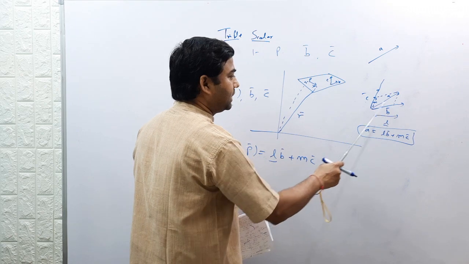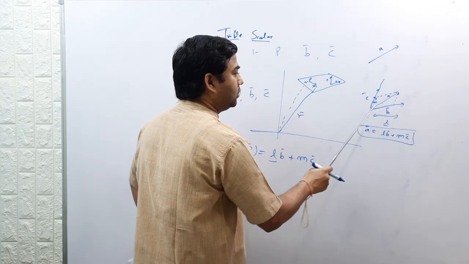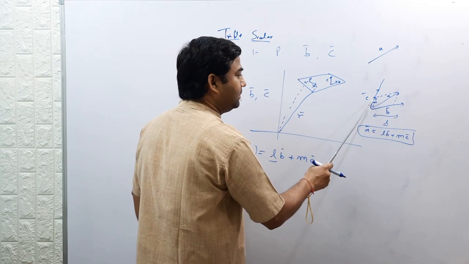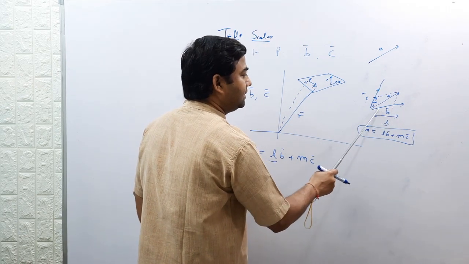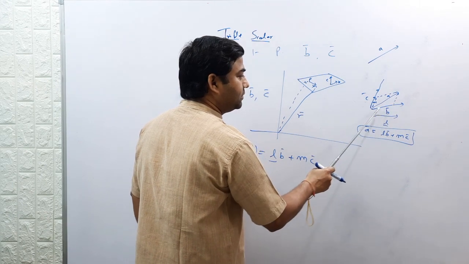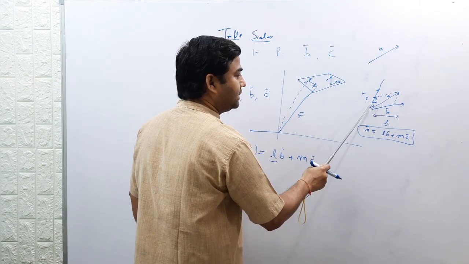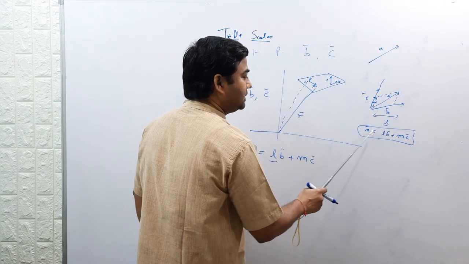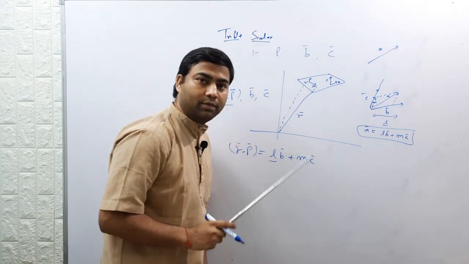By the parallelogram law, vector A is the resultant of vector MC plus vector LB. L is the length where this line cuts vector B, and M is the length where this line cuts vector C. LB plus MC is equal to vector A.